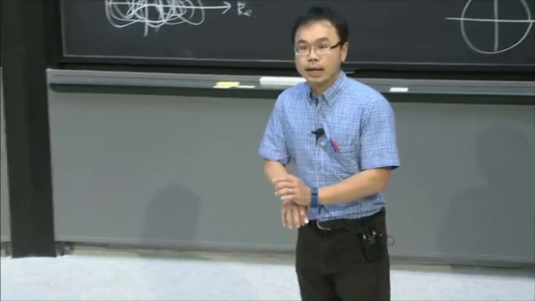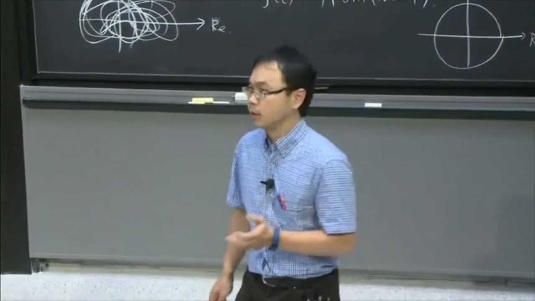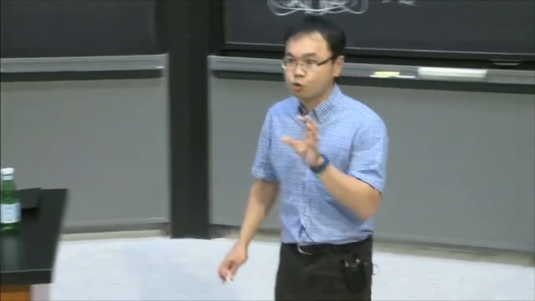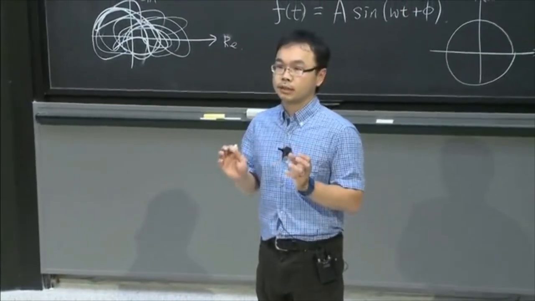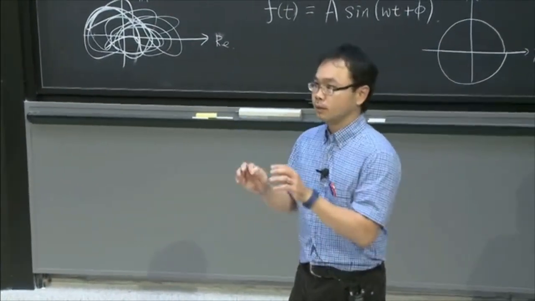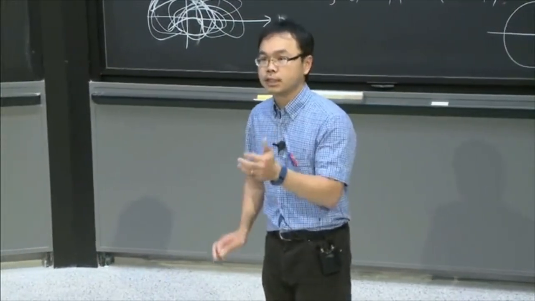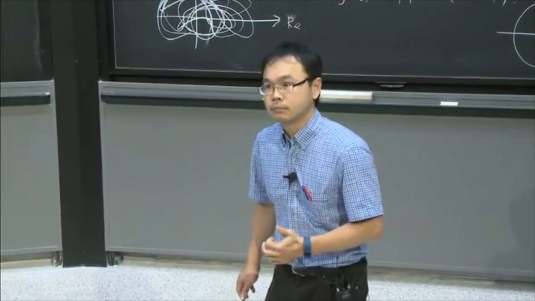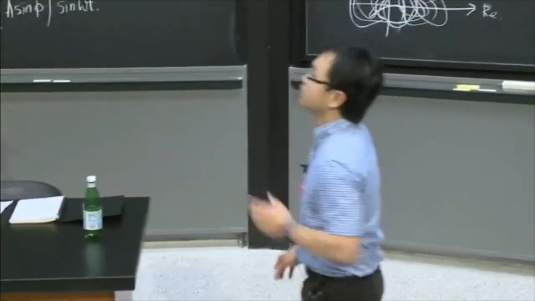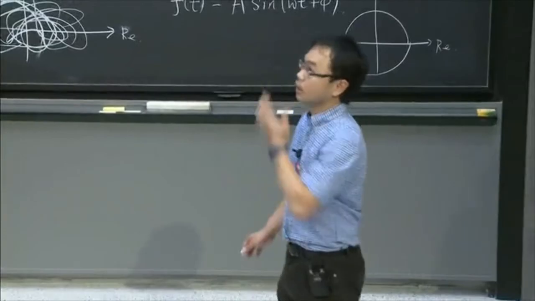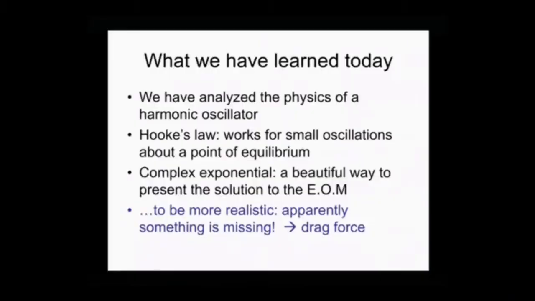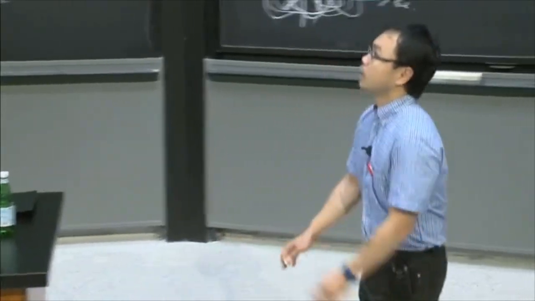And we translated everything we have learned about this mass into mathematics by first defining a coordinate system, then writing everything in terms of that coordinate system. Then I used Newton's law to help us solve this question, and we analyzed the physics of this harmonic oscillator.